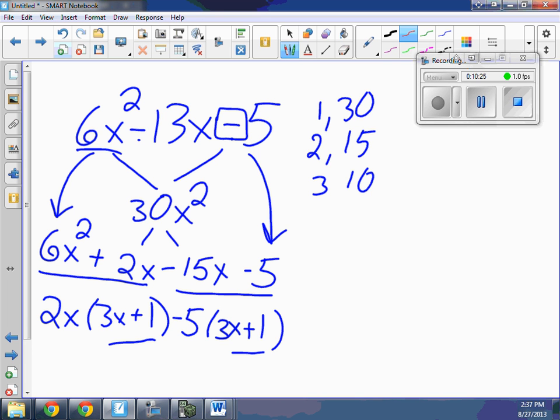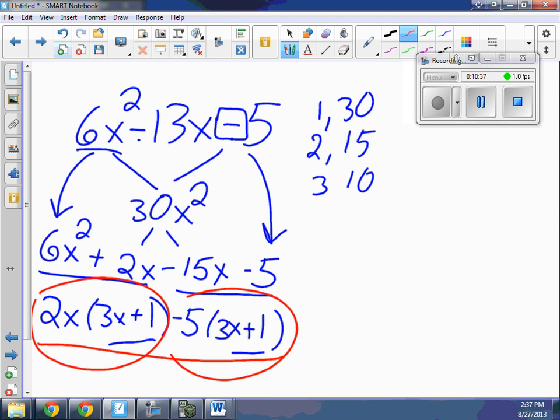So, there's a hard way to think about this, and there's an easy way to think about this. We'll look at both. If I look at the whole thing, does the first term match anything in the second term? They both have a 3x plus 1, so I can pull out a 3x plus 1.